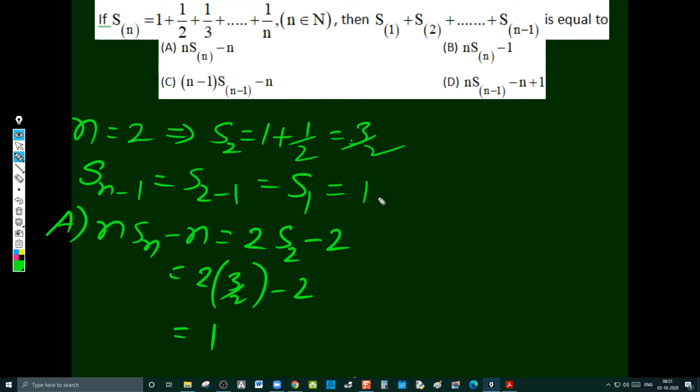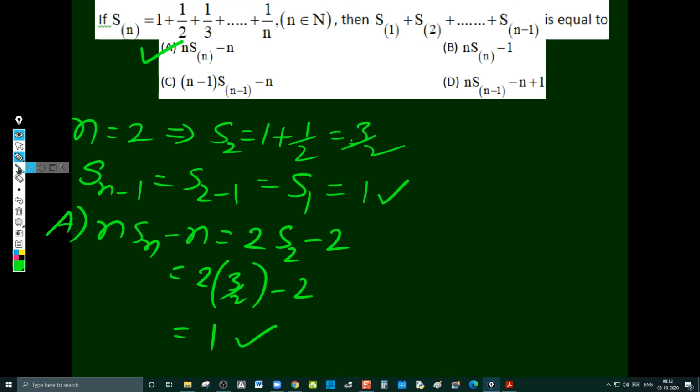So this is equal. You can check it out. A is correct. But nSn minus 1 will not be true because it will not coincide with the value. 3 minus 1 gives 2, but we must get 1. So A is the correct option.